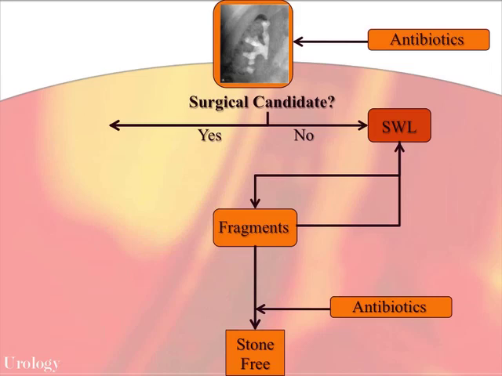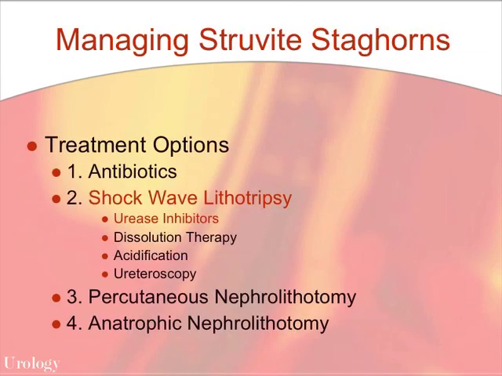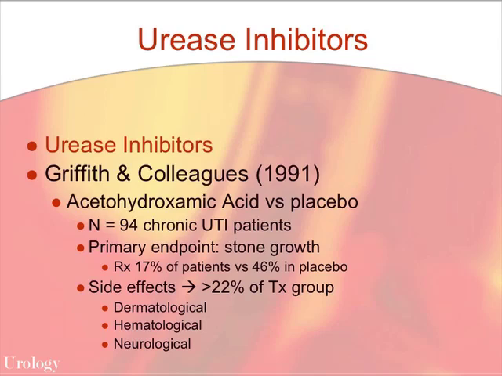So if we look at our flow diagram, for patients that are not likely a great surgical candidate, or in the pediatric population, shockwave therapy could be considered with the addition of antibiotics and some adjunctive therapies that we're going to touch on here. The first one that we're going to talk about is Urease Inhibitors.